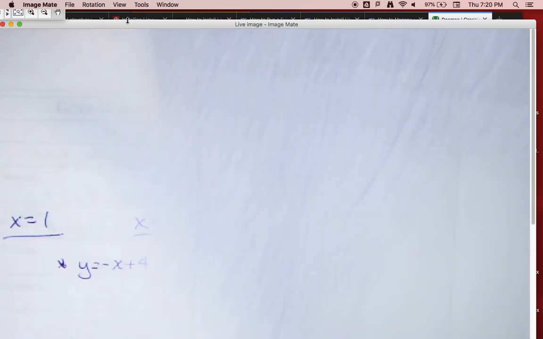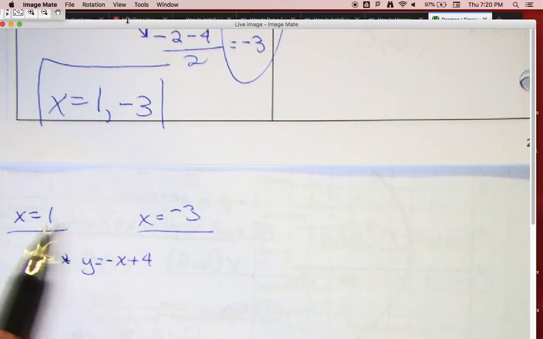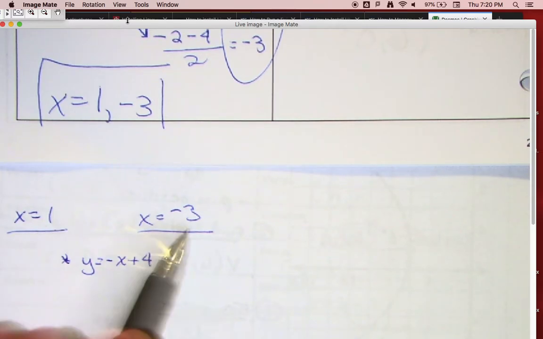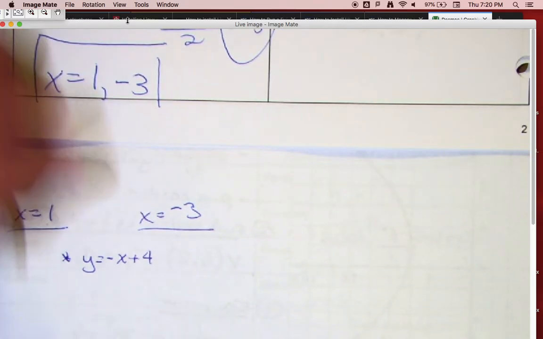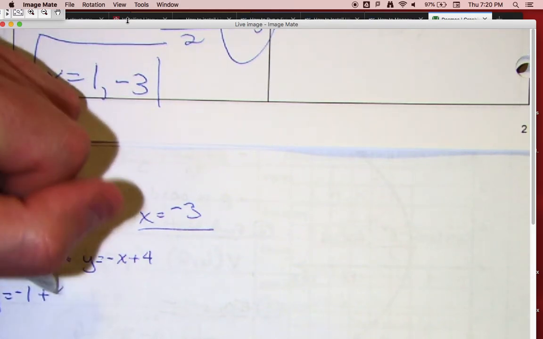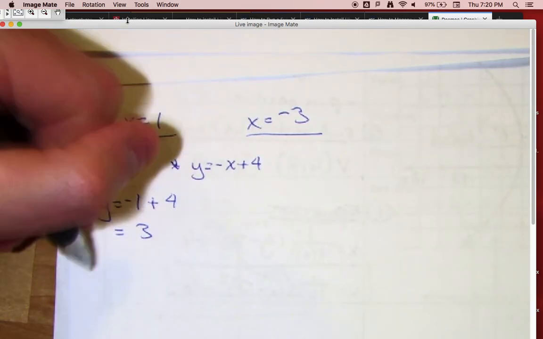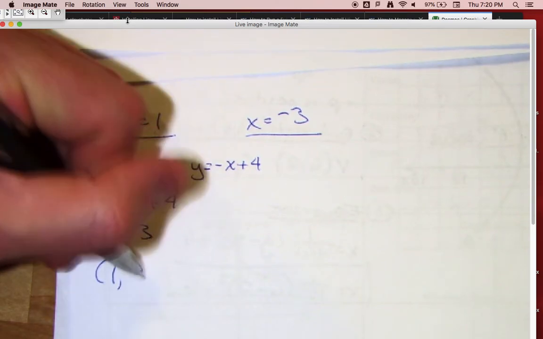And so we have to figure out what y values go here with x equals 1 and x equals -3. And so if I plug 1 in here, I get an answer of 3. That means that one of my answers is 1, 3.